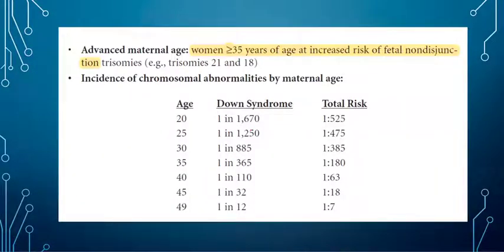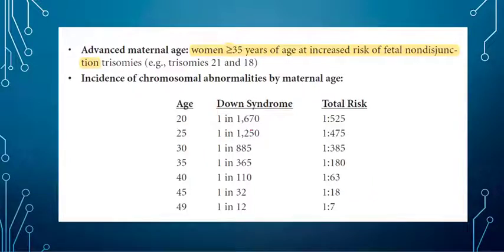First, let's start. Now, we will start with some of the high-risk pregnancy cases. A lot of conditions can make a pregnant mother high risk. One of them is advanced maternal age. Who actually falls into that criteria?